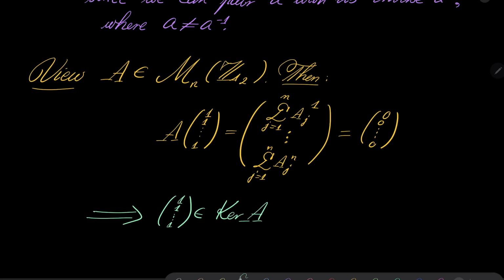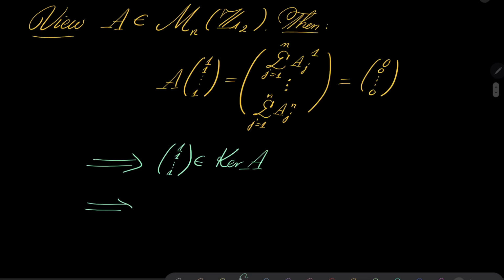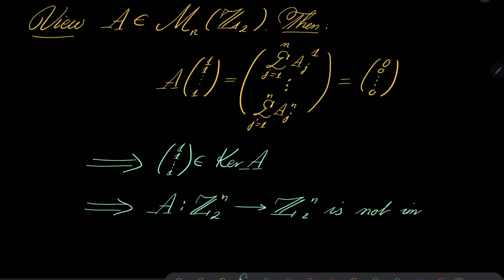So it means that this function, viewed as a linear function taking Z2 to the power of n and returning other vector, is not invertible.